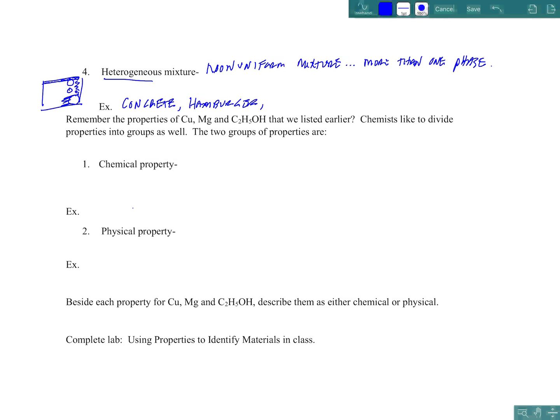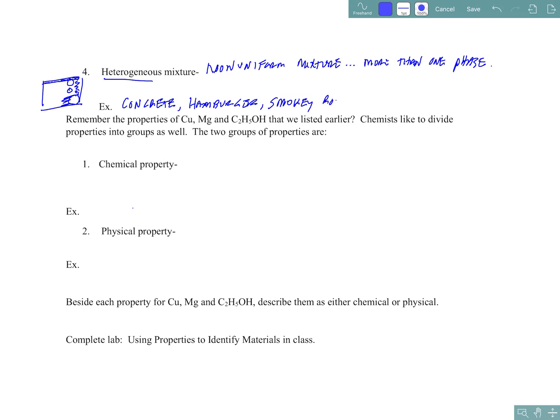Well, that's certainly not uniform, and it's certainly not pure. I have thousands of different compounds that make up a chunk of meat. I have fat, I have muscle tissue, there's water, there's probably air pockets in there. It's certainly not uniform, like we saw with air, or brass, or salt water. We have more than one phase.